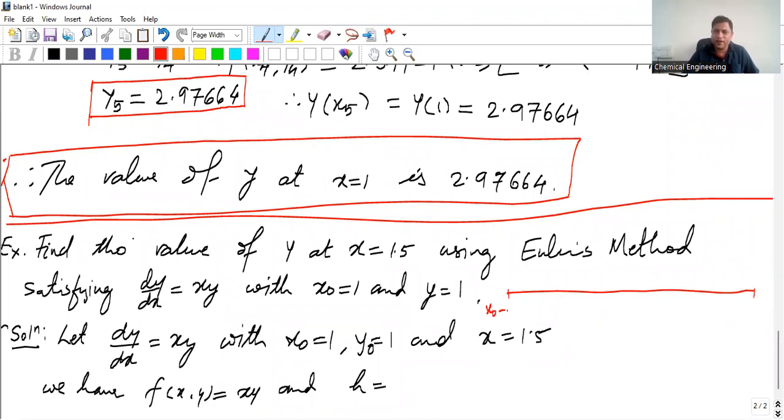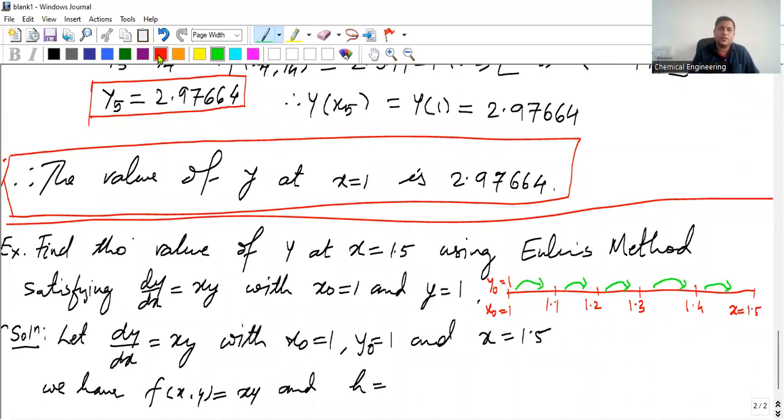So we have x0 is equal to 1 and x is going to be 1.5, and we want 5 steps. So we have 1.1, 1.2, 1.3, 1.4, and this will be 1.5. So y0 we know is going to be 1. Hence, we have to consider these steps.